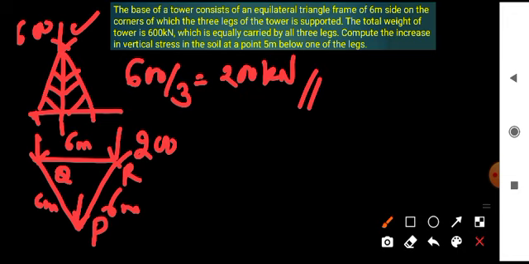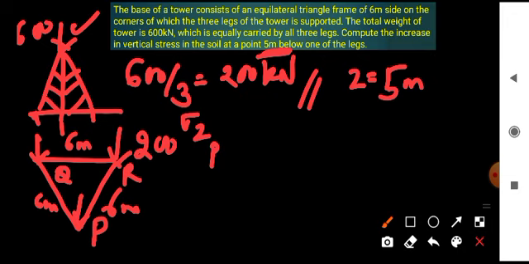Let us find sigma Z at P at a depth of 5 meter, so Z is equal to 5 meter.